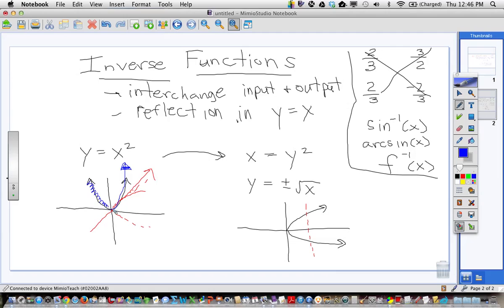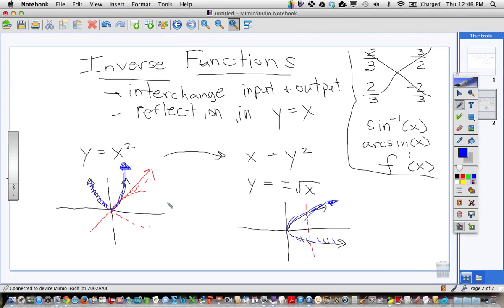And we would not do this part of it. We would only do this part over here. That way, when we flip it, we would only get this part here, and we would not get this part down here. Okay?